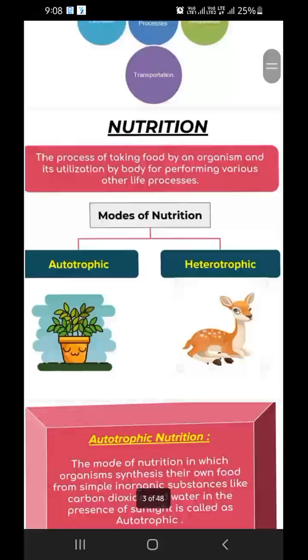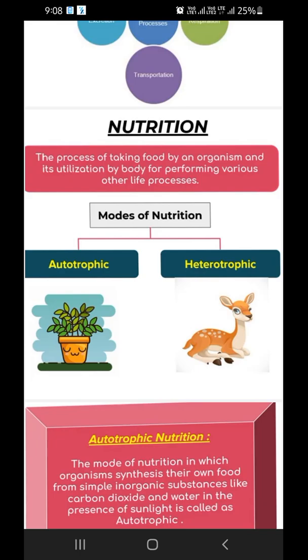What is nutrition? The main question that arises is, what is nutrition? So nutrition is the process of taking food by an organism and utilizing it to get energy. This is what I told you in simple language.